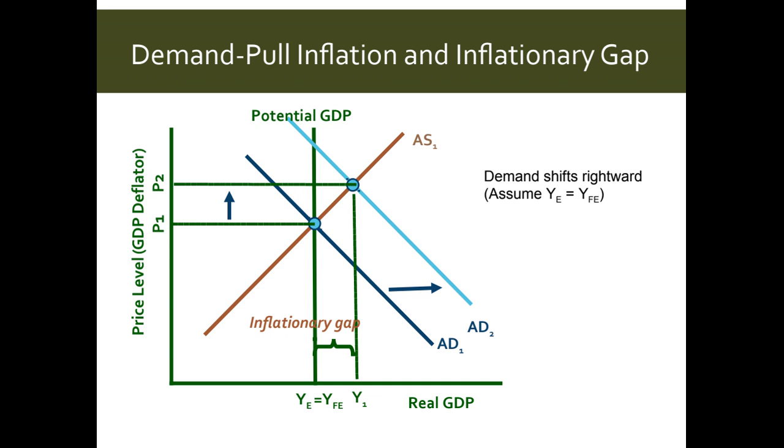So new equilibrium, notice that is higher than full employment level of GDP. Full employment, that is potential GDP, this vertical green line is not changing, just demand curve shifts to the right.